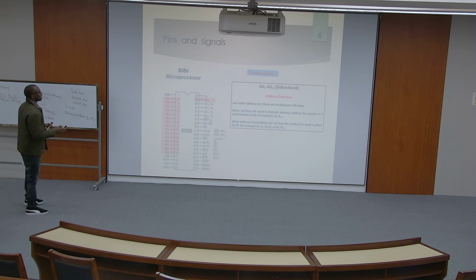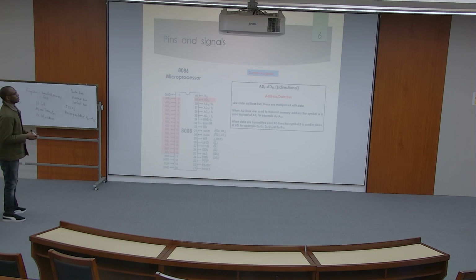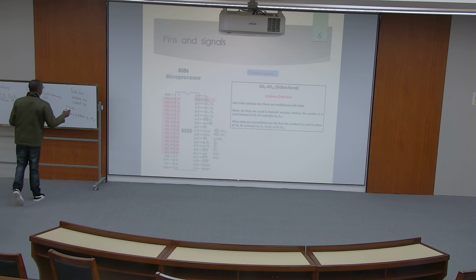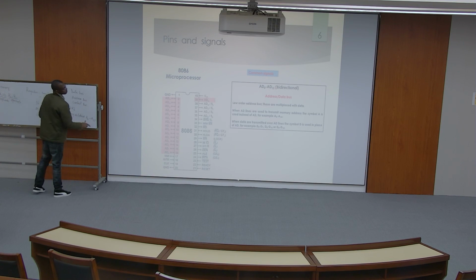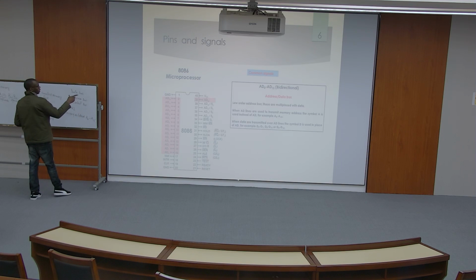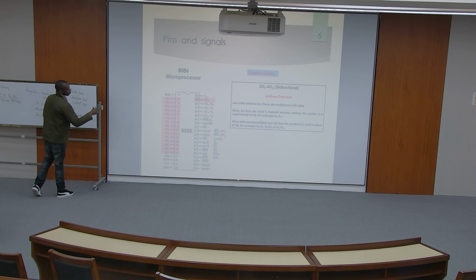When data are transmitted over AD lines, the symbol D is used. For example, if we need to transmit data through the AD lines, we use the symbol D, for data, D0 to D7, for example, or D8 to D15.